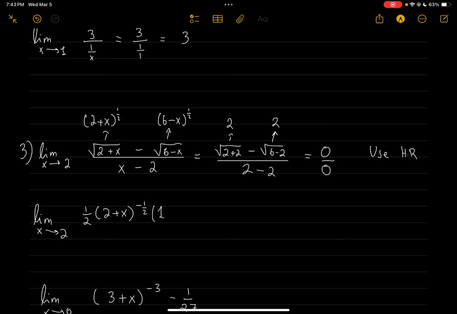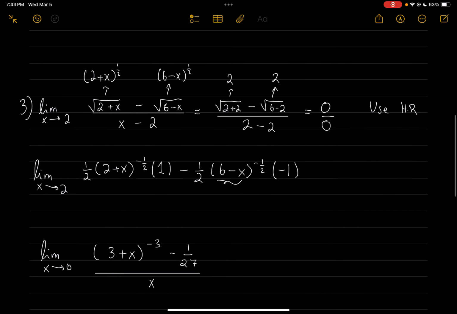In this case, the derivative of the inside is just 1. However, in the second one, half is going to go down. You're going to have 6 minus x to the power of negative half. But the derivative of the inside here is negative 1 because you have 6 minus x. And the derivative of the denominator is just 1, right?